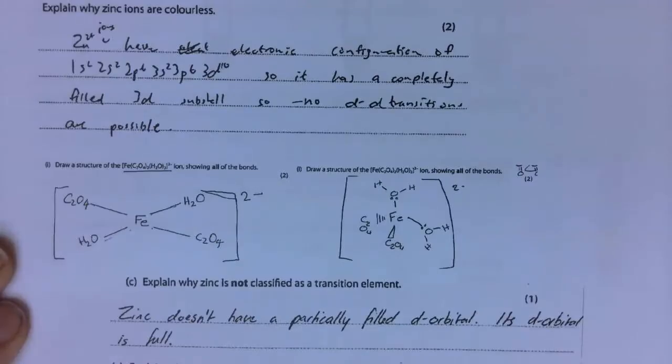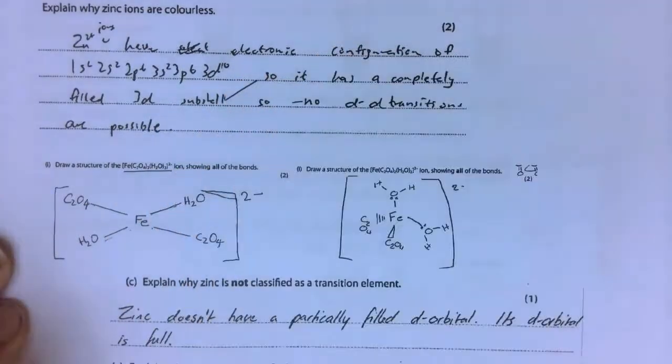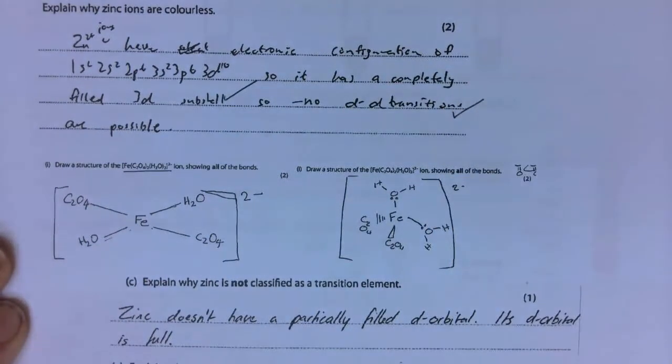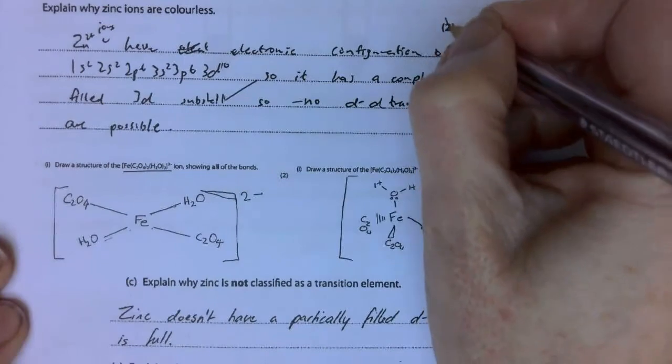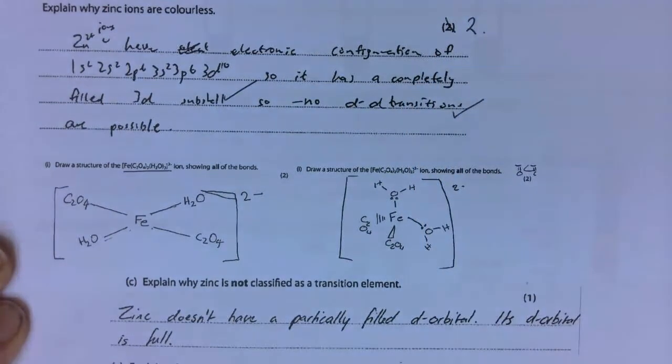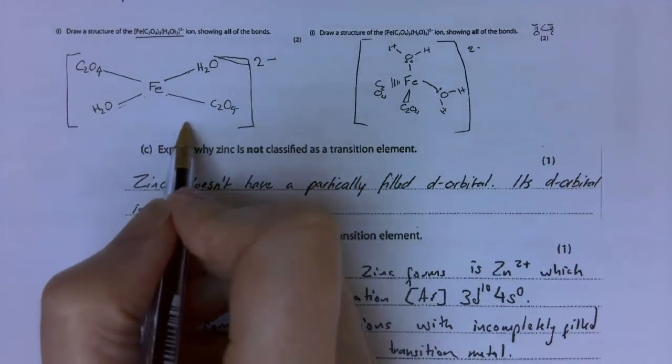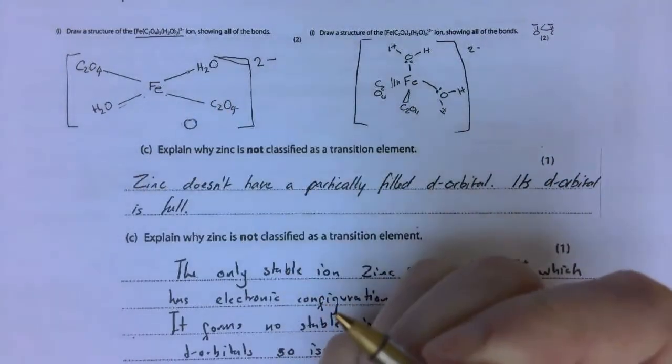The third answer is the best one because they've mentioned the fact that it's got a full 3d subshell, and they've told us that therefore no d to d transitions are possible. So that does get the full 2 marks. In terms of the structure, this first one out of 2 scores 0.